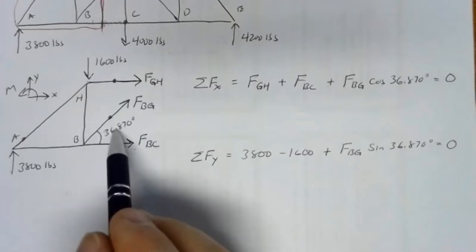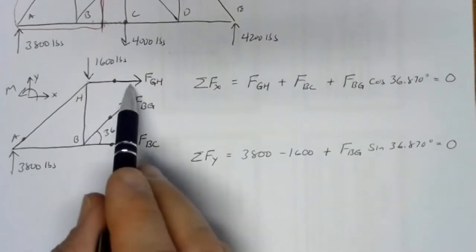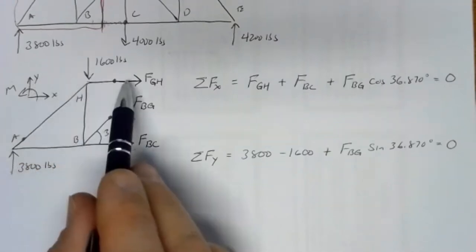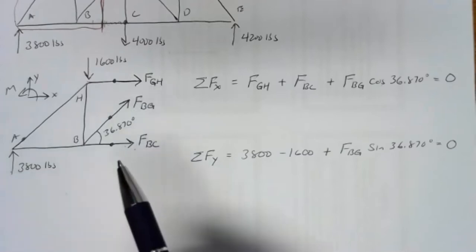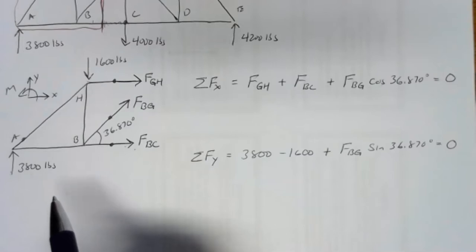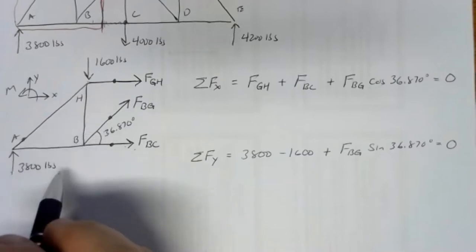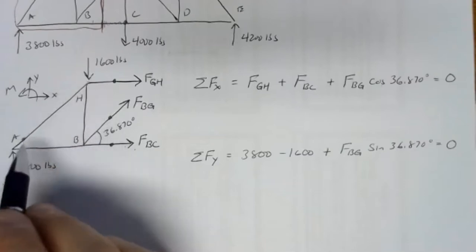So I'd have to do sine or cosine and try to figure things out that way. And FGH is going to have a moment too. So I'm going to have two unknowns in my moment equation, and that's not good.